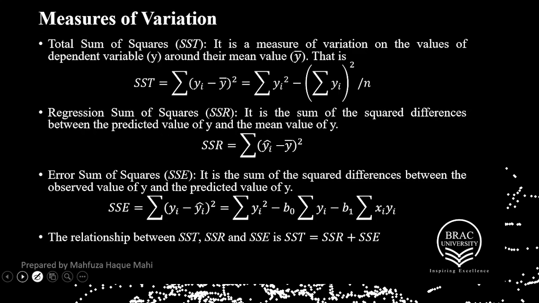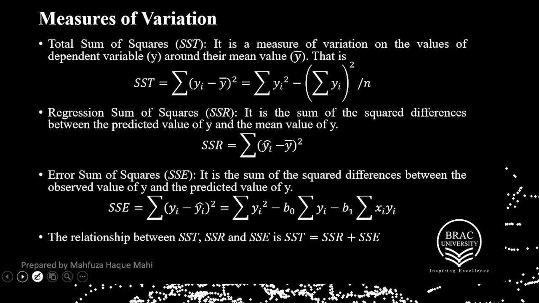Now here you can see some measures of variation. The first one is total sum of squares. The total sum of squares is a measure of variation of the values of the dependent variable around their mean value.